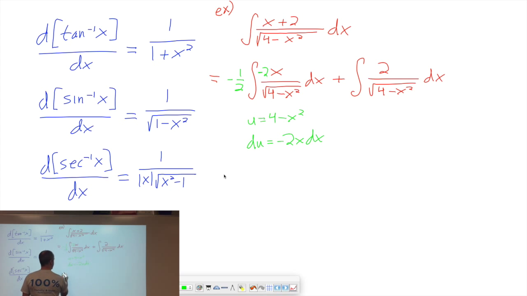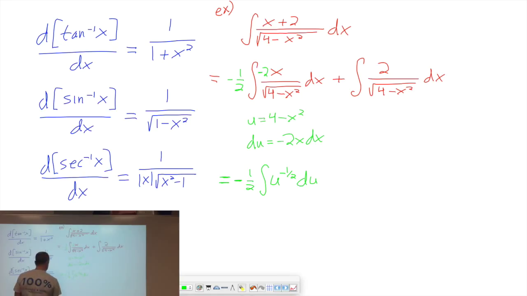Meaning this first integral can be rewritten as, well, I like to write it as negative 1/2 times the integral of u to the negative 1/2 du. Square root on the bottom is the same thing as negative 1/2. My inside function is inside that radical. That's my u to the negative 1/2. My du is the derivative of my inside function, which includes my negative 2x and my dx.